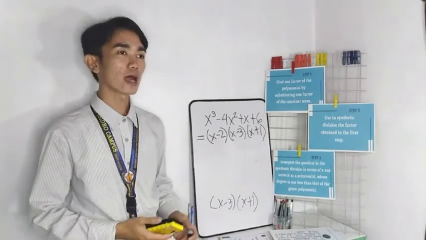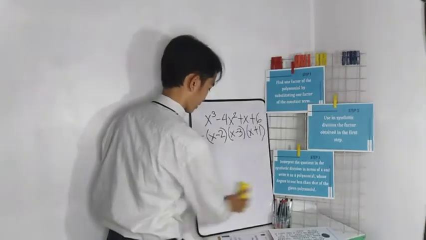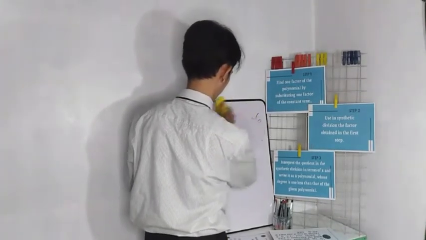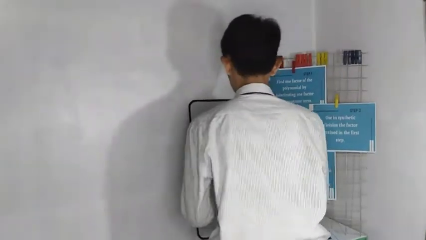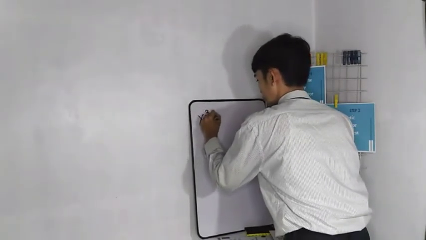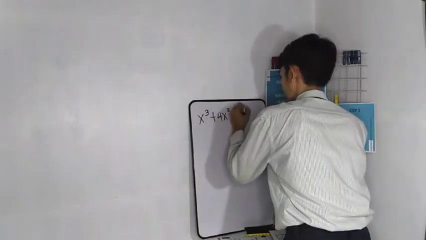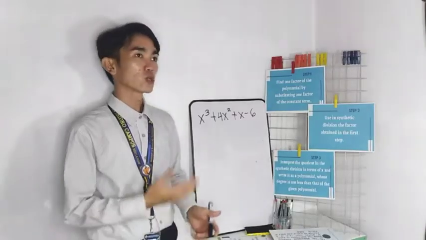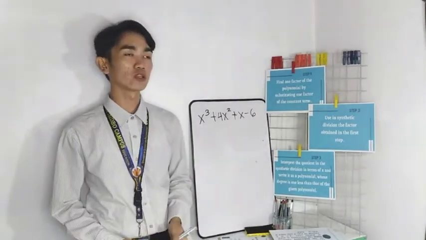For you to understand it more, let's try to answer this one. So we have here x cubed plus 4x squared plus x minus 6.